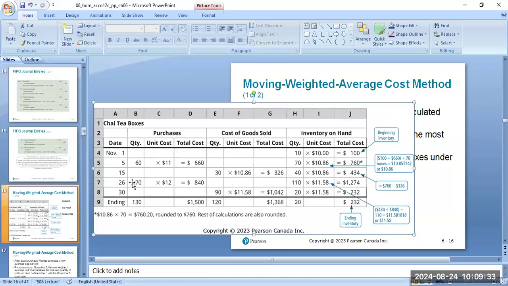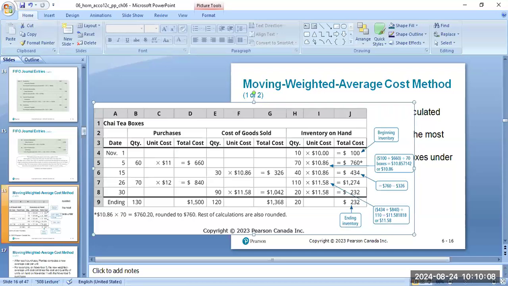Then we're going to have another purchase of 12 units, of 70 units of 840, and we're going to have a new moving weighted average cost, which is the cost of our last sale of 90 units, and our ending inventory of 20 is going to take exactly the same cost per unit.